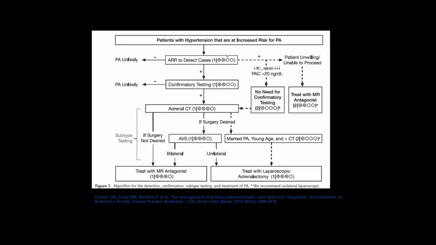And again, when we're looking at these groups of patients, that aldosterone renin ratio, we look at approaching these patients, and I talked about adrenal CT. We do use adrenal vein sampling for these patients, particularly if we're wanting to double check for lateralization.